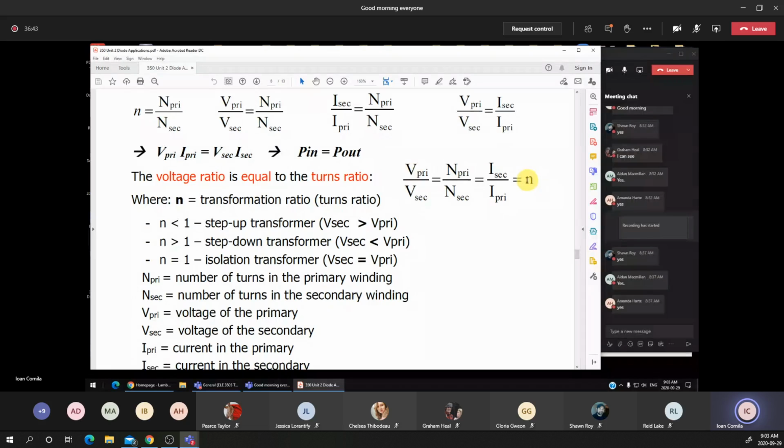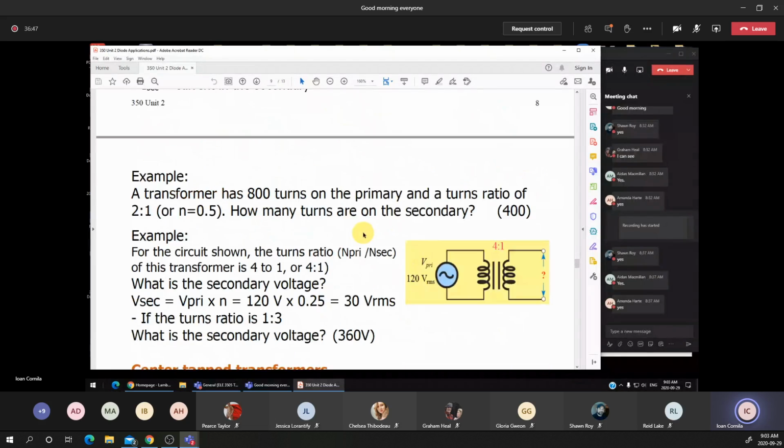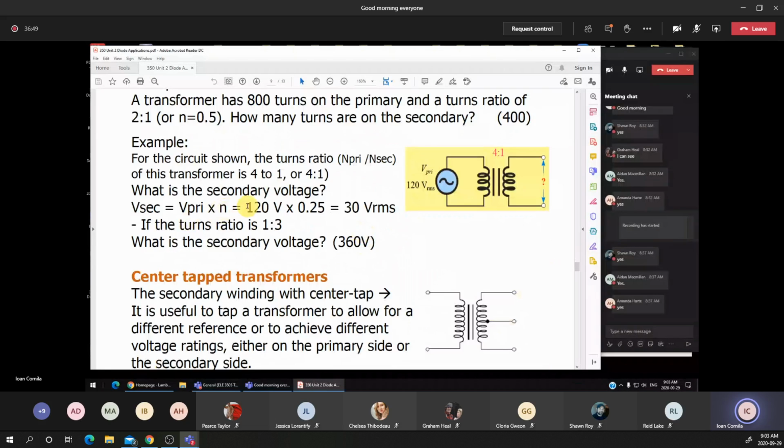The secondary voltage is the primary voltage multiplied by N: 120 volts RMS multiplied by 0.25, which is 1/4 because it's a step-down transformer, makes the secondary voltage of the transformer 30 volts RMS.